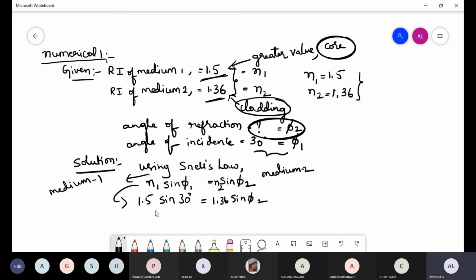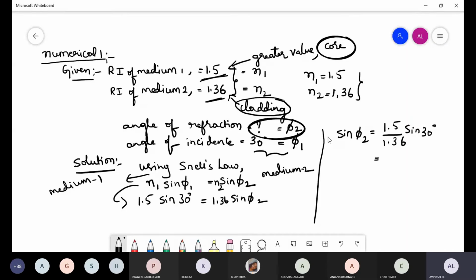So here I can say that sin phi 2 equal to 1.5 divided by 1.36 into sin 30 degrees.